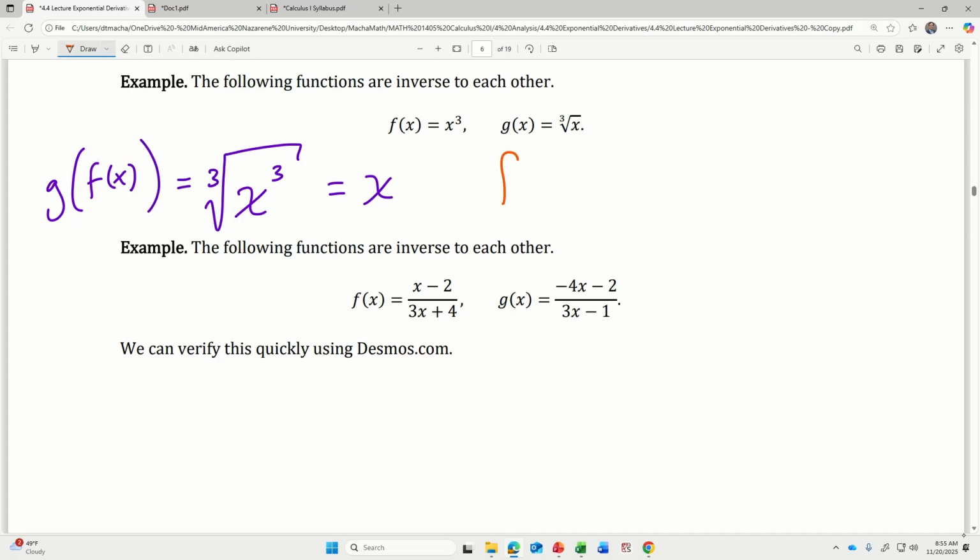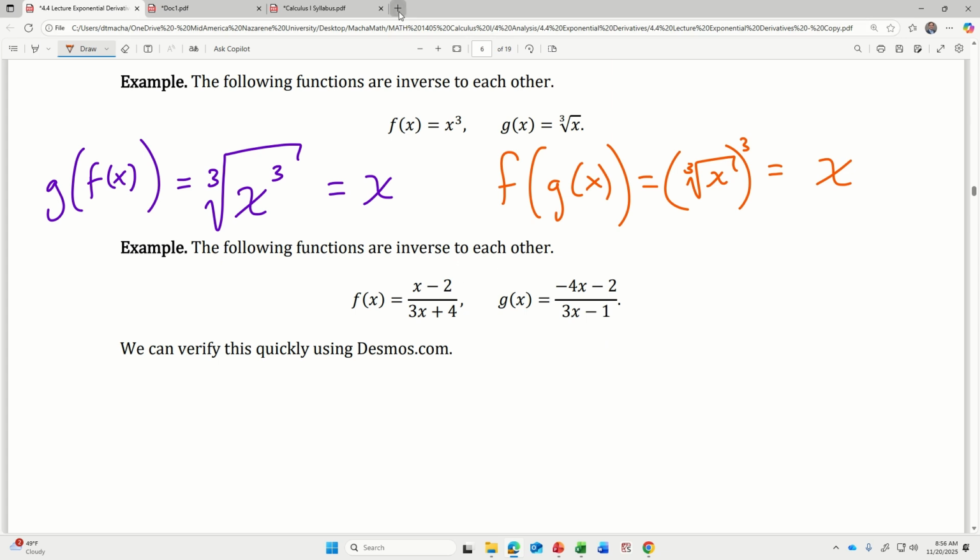And in the reverse order, if I take f composed with g, that looks like the cube root of x cubed, and I get back the identity function. These functions are also inverse to each other. And it would actually take a significant amount of work in handwriting to do this, right? To prove by composition that these are inverse functions.